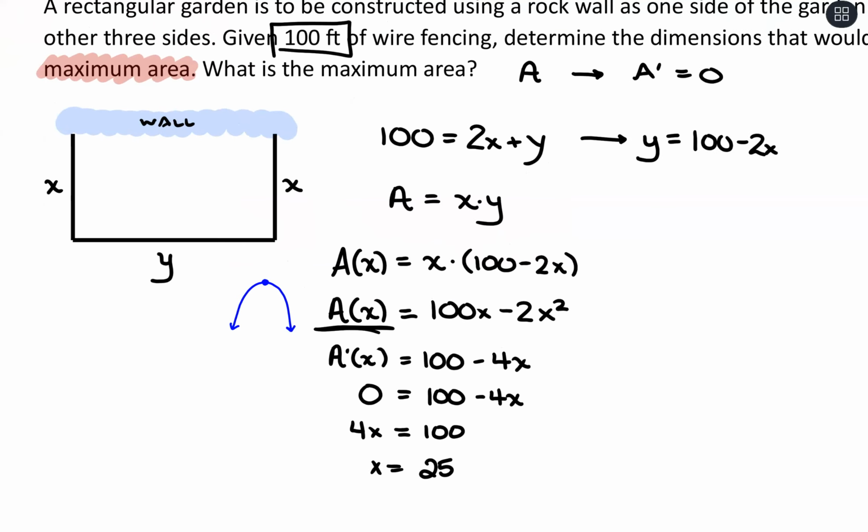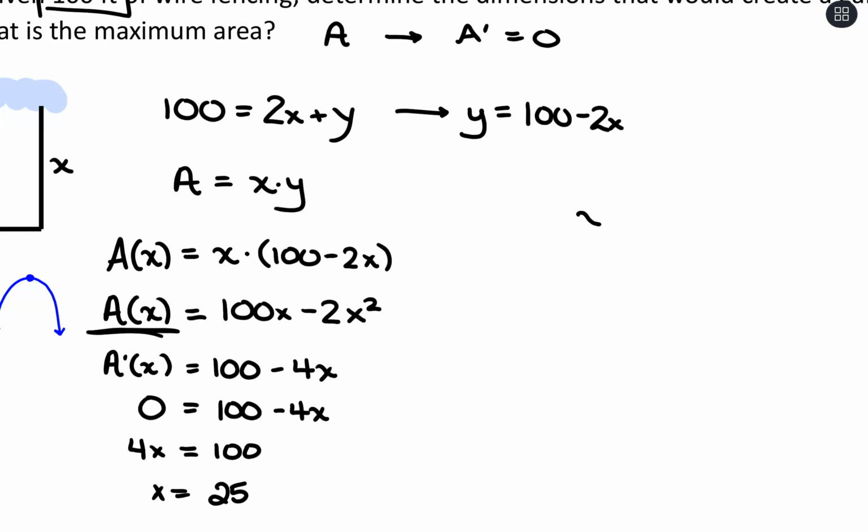And now what I want to do is go back and find out what was the question. Determine the dimensions that would create a garden of maximum area. So we're going to have a side length of 25, and the other side length is going to come from 100 minus 2 times 25, which is 50.